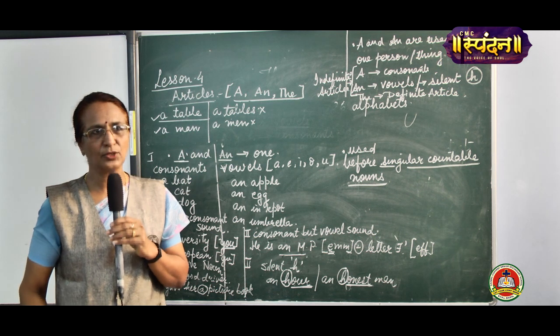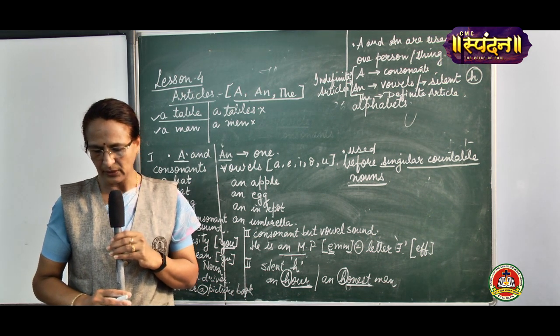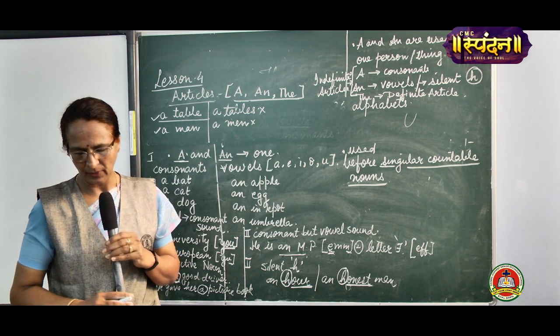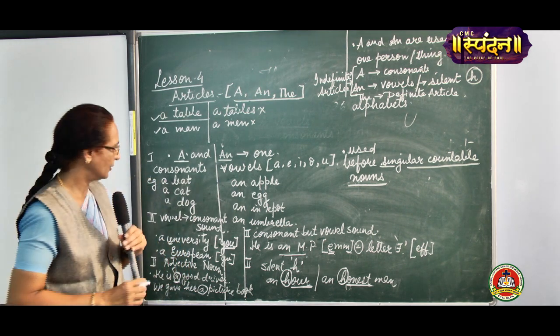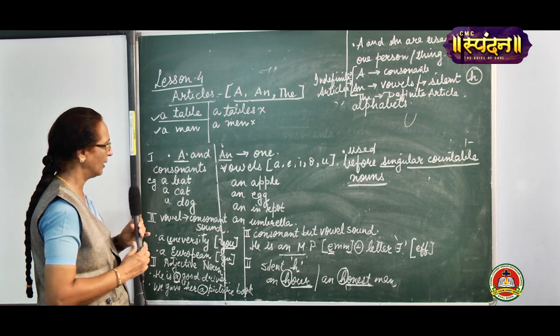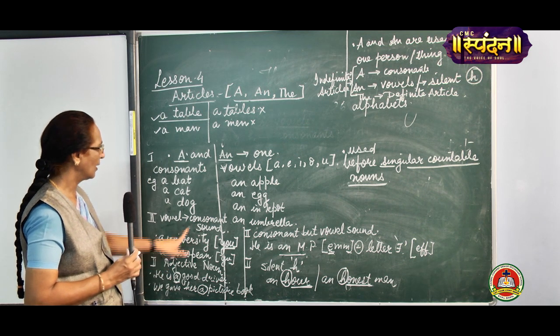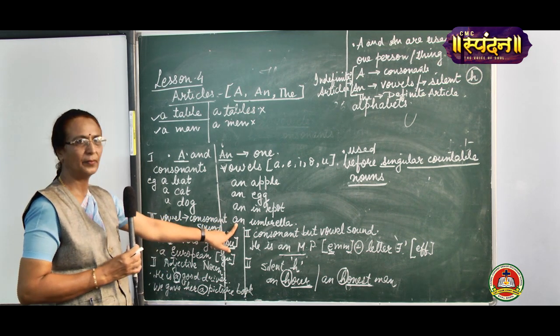Now some exceptions are also there. A is used before a word that begins with U. Like a university we have done, but an umbrella. A university, but an umbrella.